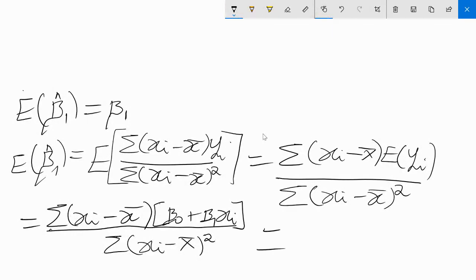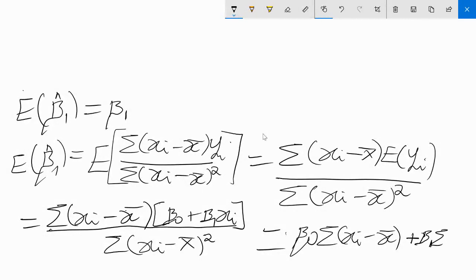So this part can be multiplied with this, and you can see that beta 0 is a constant, so we can take it out, multiplied by the summation of xi minus x bar, then plus beta 1, again a constant.